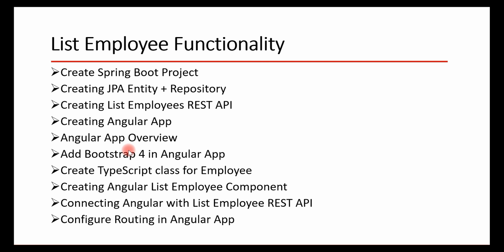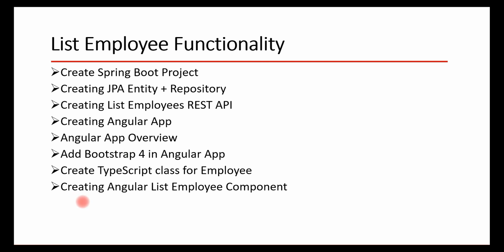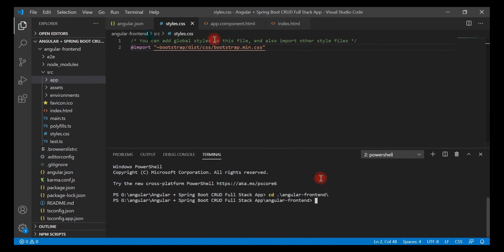Alright guys, let's go ahead and create the TypeScript class for employee, and we will also create the Angular list employee component. Let's switch to the VS Code IDE and create the TypeScript class using Angular CLI. Make sure that you are in the root folder of the project, Angular-frontend.